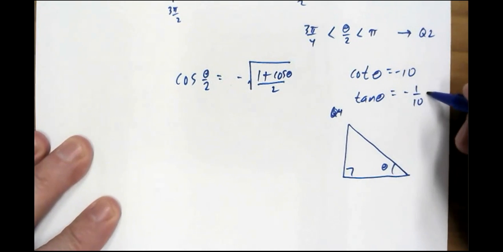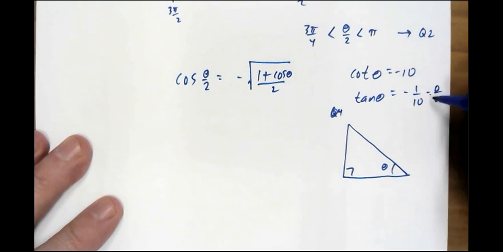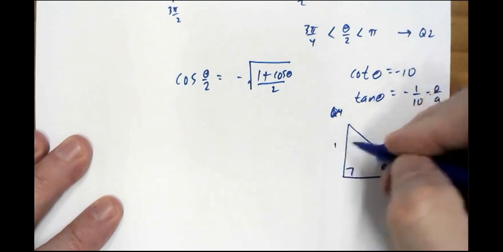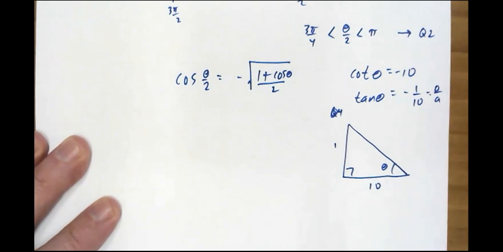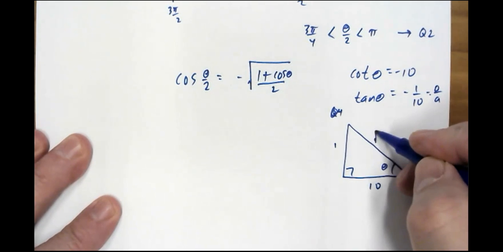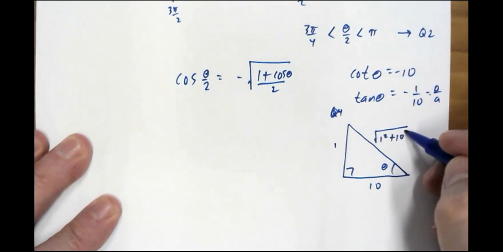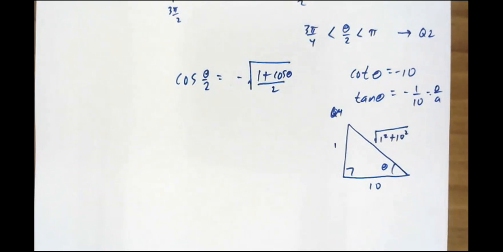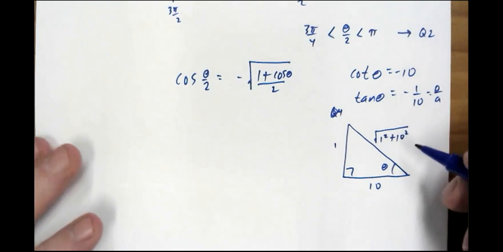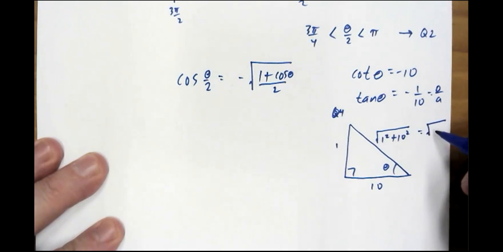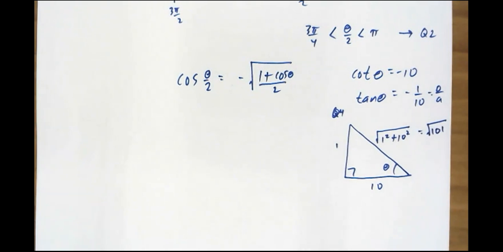So tangent, so-called TOA, opposite over adjacent. Opposite is 1, adjacent's 10. Pythagorean formula says square root of 1 squared plus 10 squared, square root of 101.